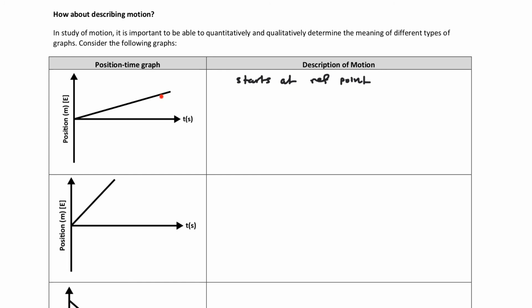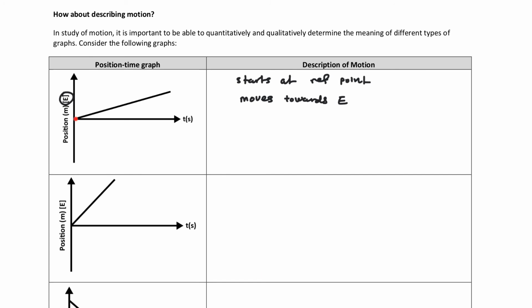They're moving in this direction with time. So that means that this object is moving towards east.